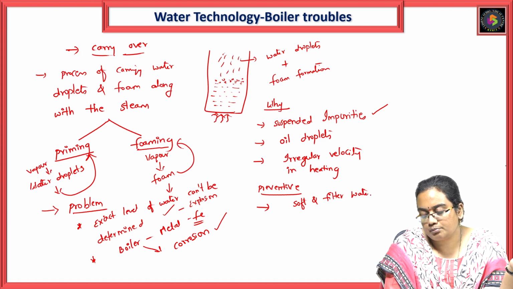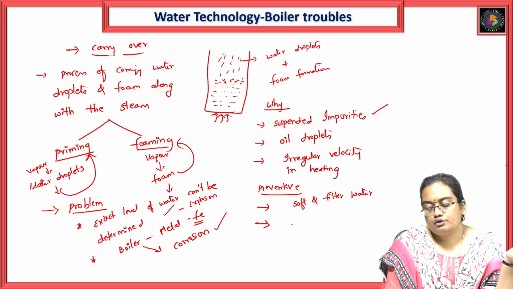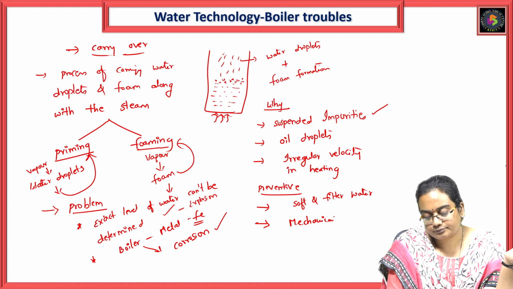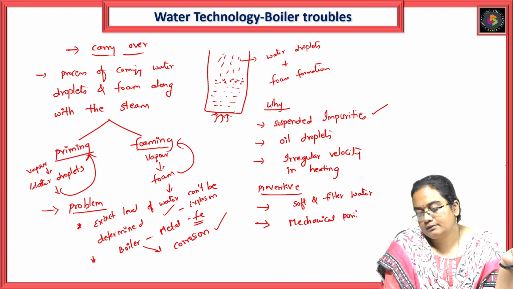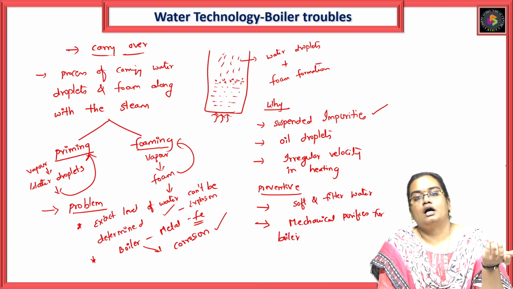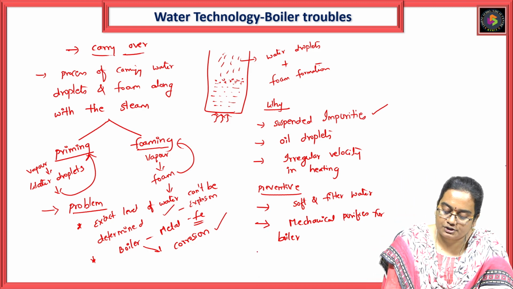Filtered water for boiling. Okay. Next one, we need to use mechanical purifiers for boiling. If we use mechanical purifiers for boiling, automatically we can remove the oil droplets. That is your second preventive measure.